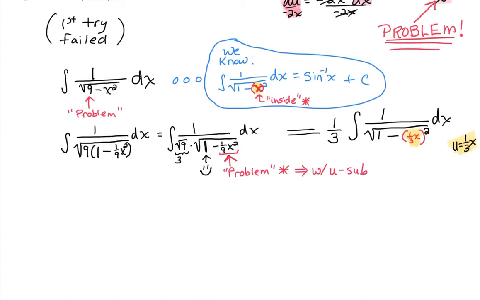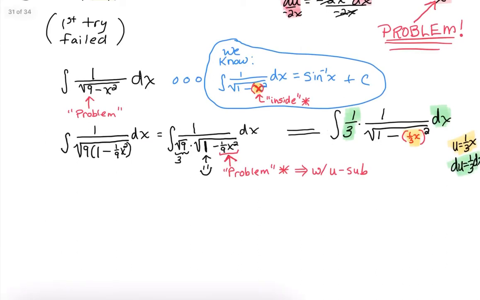That means my du is just going to be the 1/3 dx. Oh, hey, that's kind of cool. That 1/3 that I had pulled all the way out in front, we're back to one of those nice, perfect situations that emerges when you get the right constant multiple. So I'm going to slide it right back on the inside just for visual purposes. Mathematically, it's the same. But now I recognize that my 1/3 dx, perfect, that's du. So we like it when that happens.